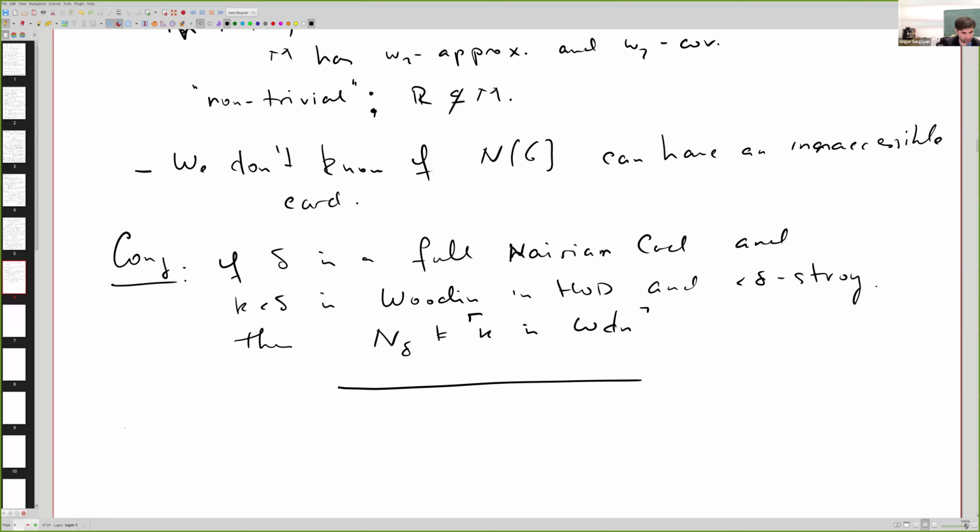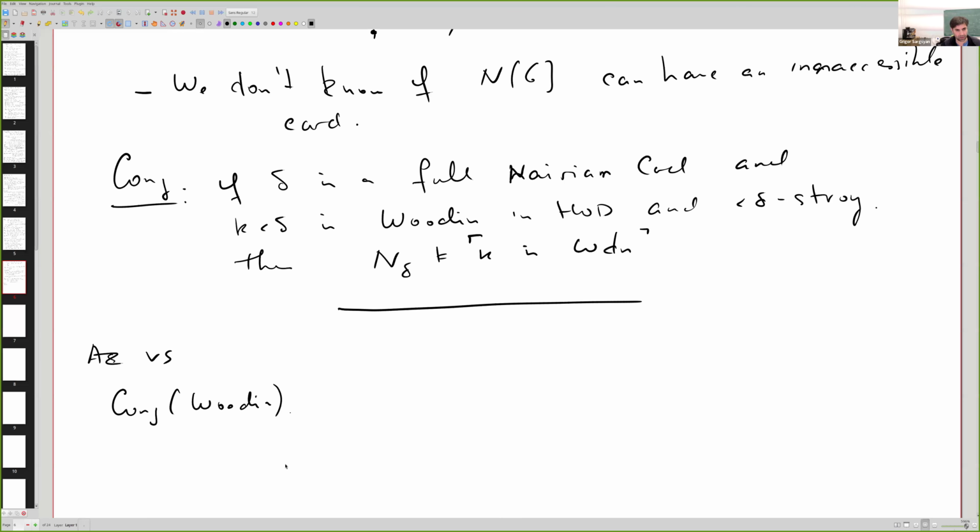In fact, let's put this versus the conjecture of Woodin, which he stated in the exotic models paper: star plus plus a class of Woodins implies negation of star plus.